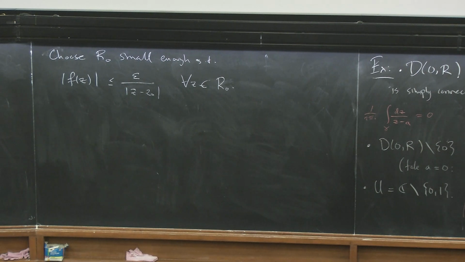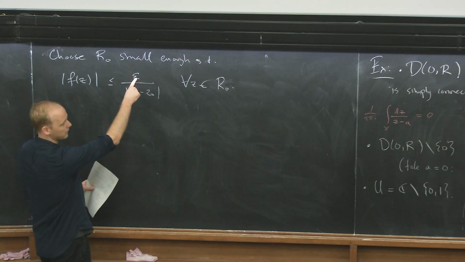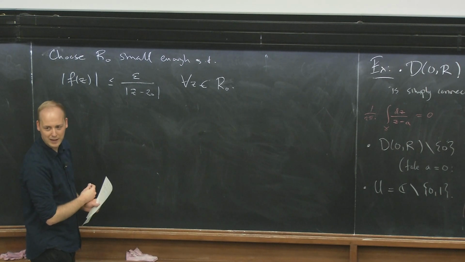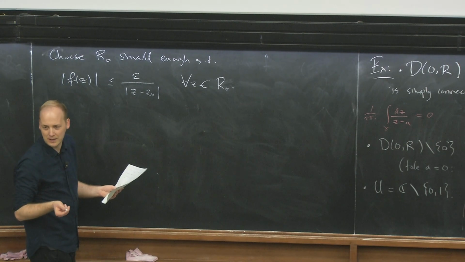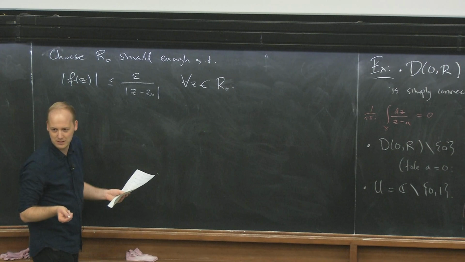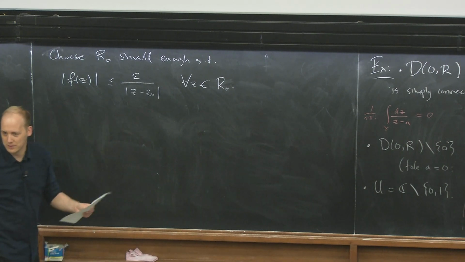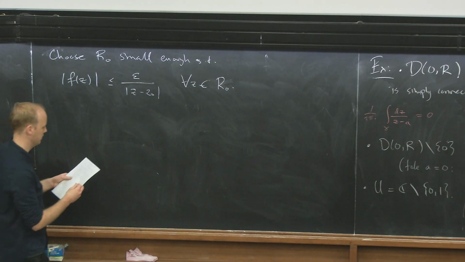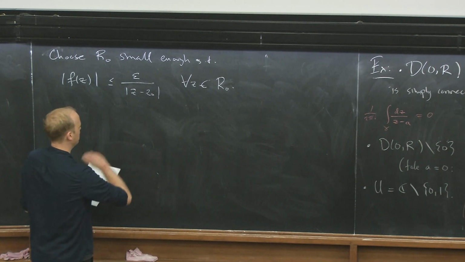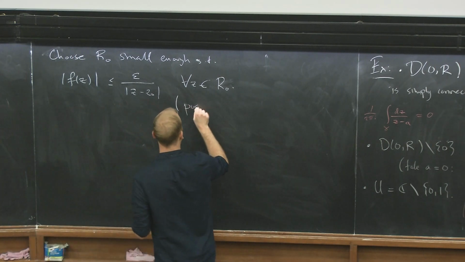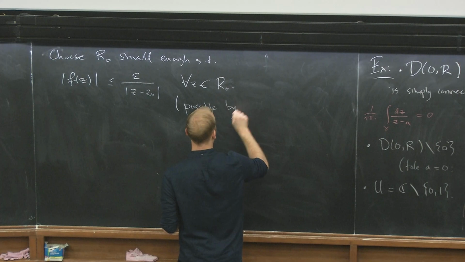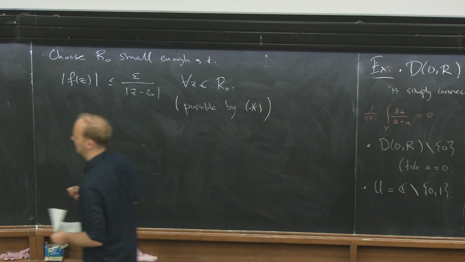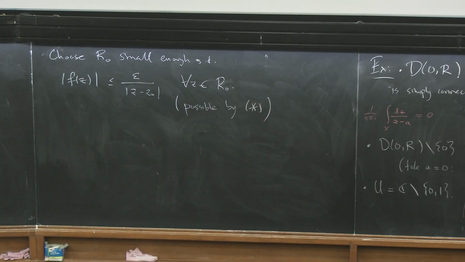So of course, I could write this a little bit more properly. I could say that this epsilon is equal to 1 over n, where 1 over n is the side length of R0 or something like that. But the point is you understand what I mean when I'm sketching this argument. So this is possible by this hypothesis star here, okay?